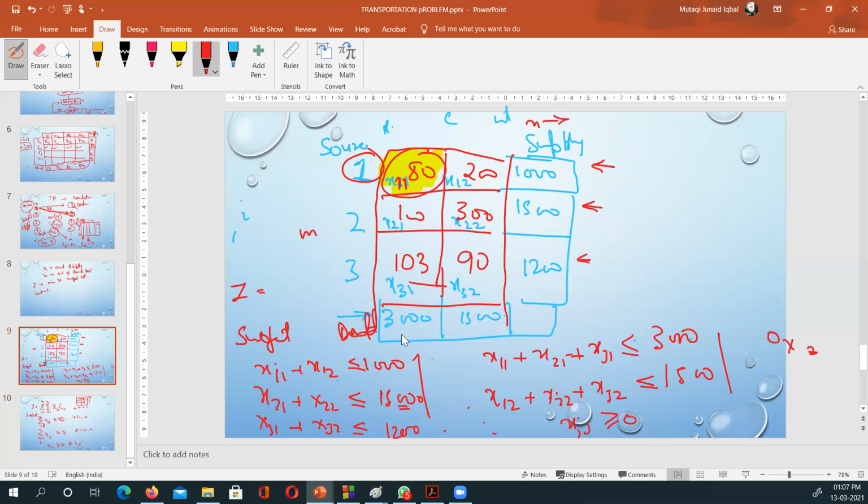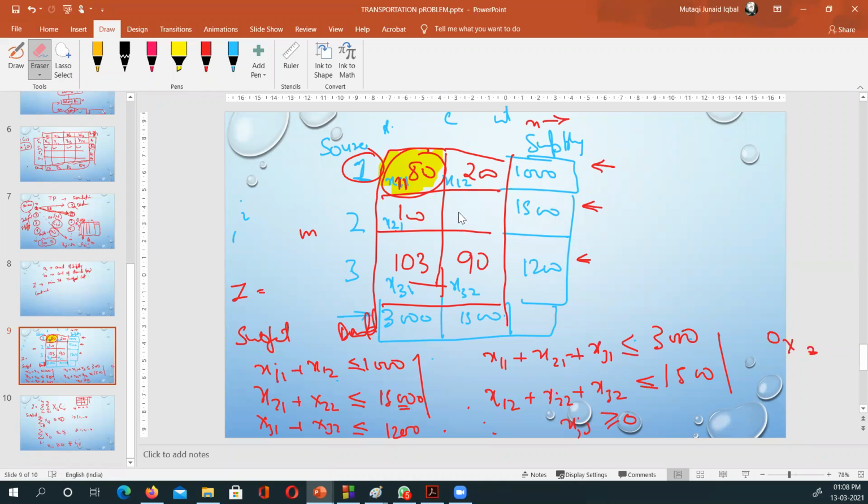Now, if I have a problem, I will write it this way: the z I calculate is the sum of all the boxes I have. It's not necessary that all the boxes will be occupied, because sometimes some source is not sending to that particular destination. For that case, you may have that box empty. If it is not sending, it will not be added in my z, it will be missing.